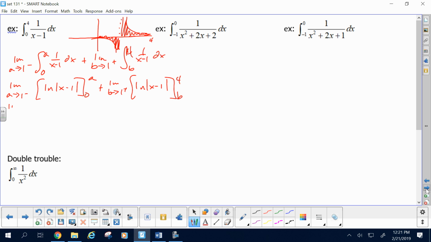The limit as a goes to 1 from below of natural log of a minus 1 minus log of 0 minus 1 in absolute value, plus the limit as b goes to 1 from above of natural log of 3 minus natural log of b minus 1.